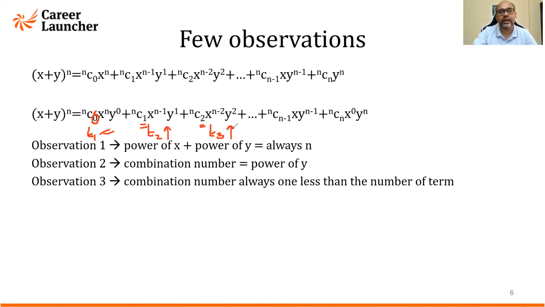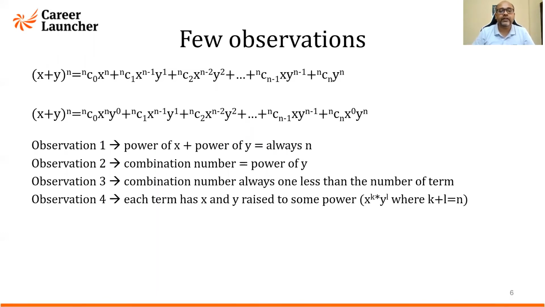This 2 is 1 less than term number 3, which means this n should be 1 less than the term number. So the total number of terms should be n plus 1. Or you can also see that you're starting from 0 and ending at n. So 0 to n, totally there are n plus 1 terms.